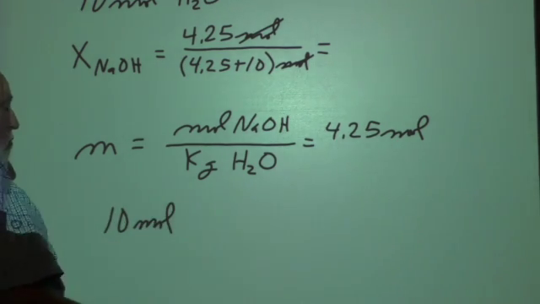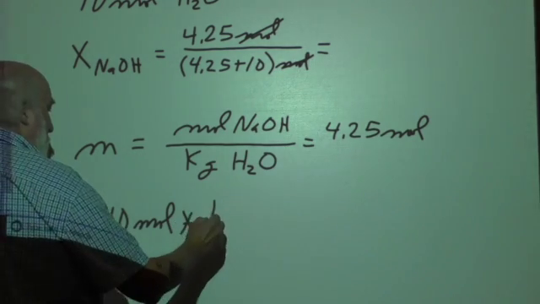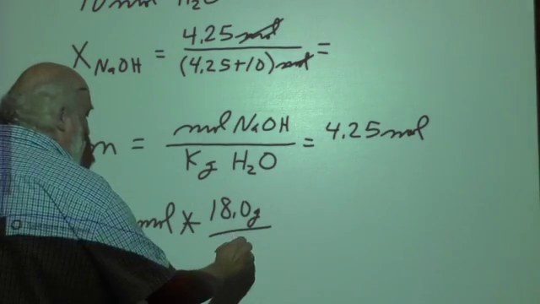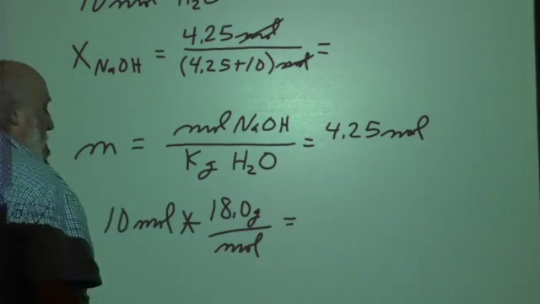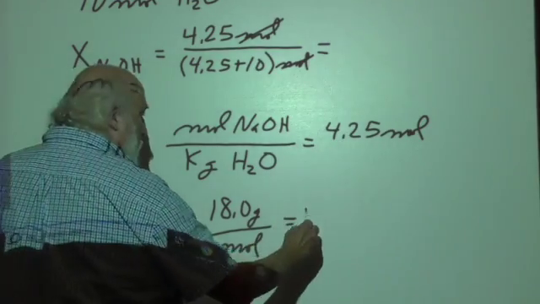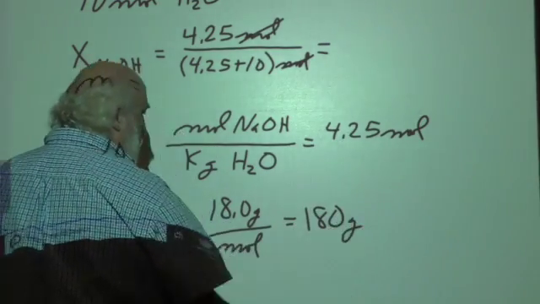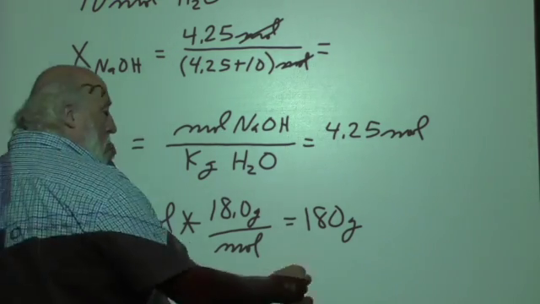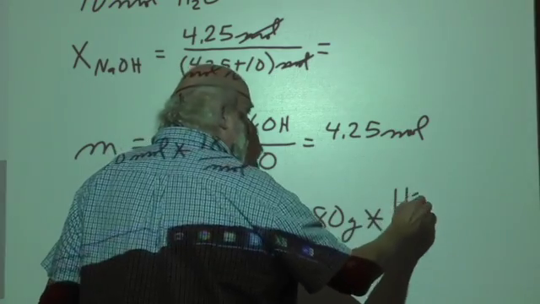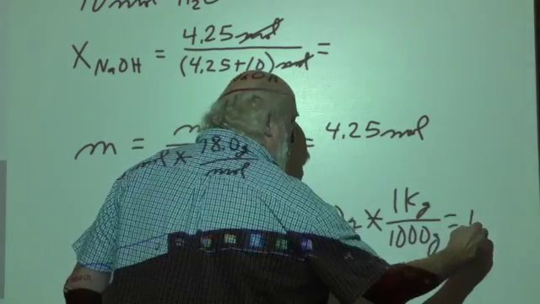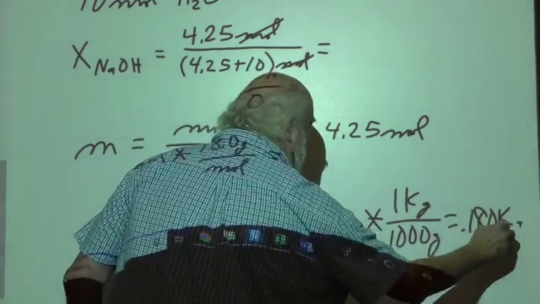We can change that to grams by multiplying by 18.0 grams per mole like we did before. That relationship, although we had it flipped around for the previous problem, gives us 180 grams. And we need to change that to kilograms, so we multiply that by 1 kilogram over 1,000 grams, and that gives us 0.180 kilograms.